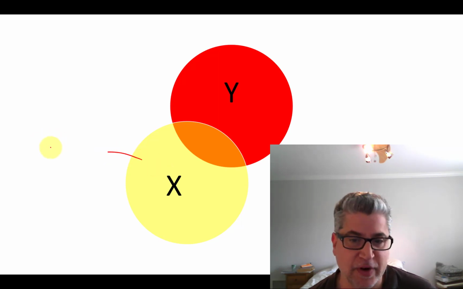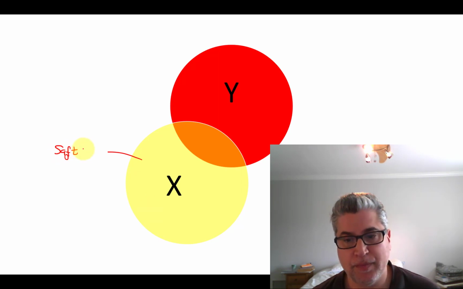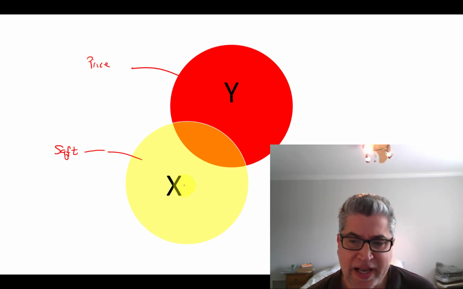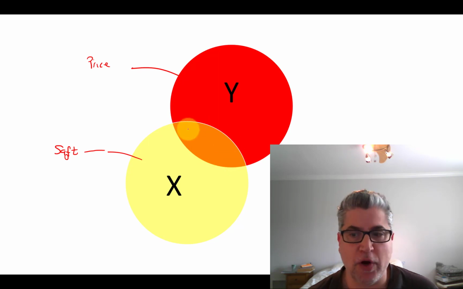In this case, our x variable was square footage, and that was price. Notice that our x variable, with all this variance right here, overlaps with price. So we've got this orange area of overlap.